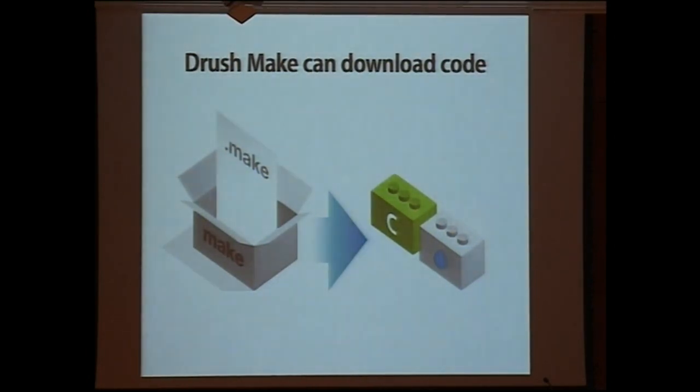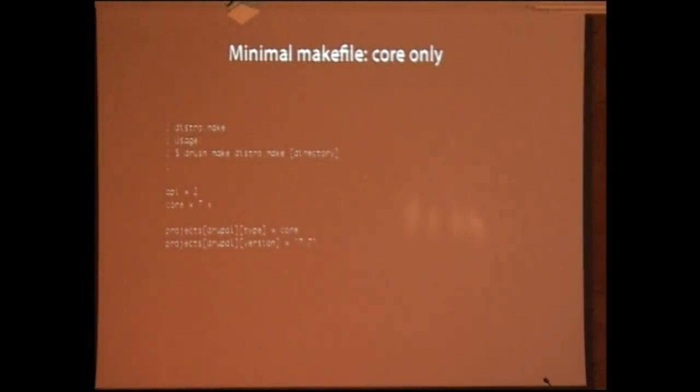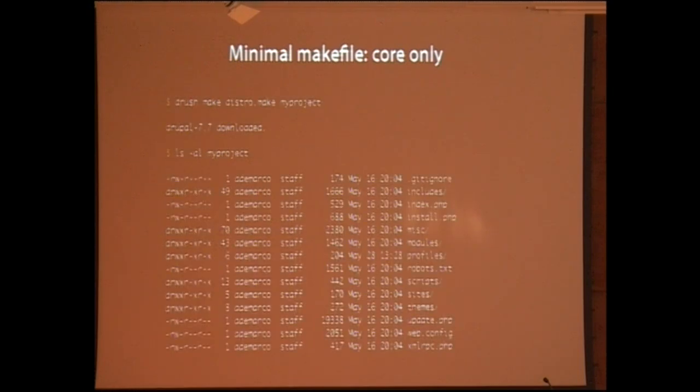It can download code for you. And this is a very minimal Makefile where you only download Drupal core. So here I download project Drupal and version 7.7. And when I run Drush Make on this Makefile with a target directory, it will just download Drupal core and place it in my standard directory.